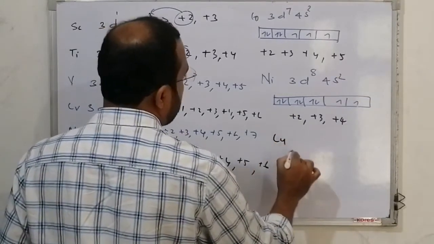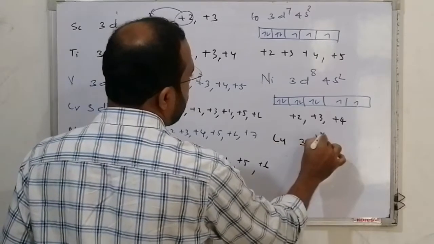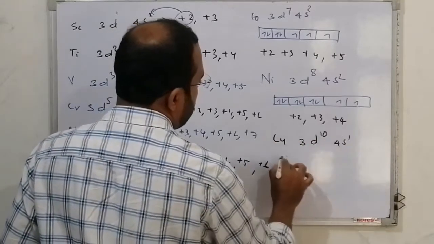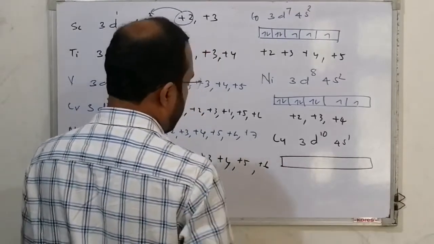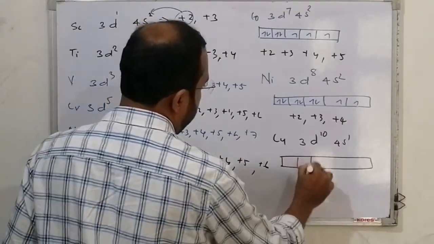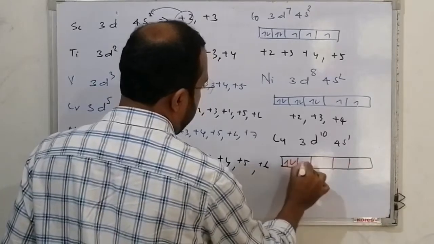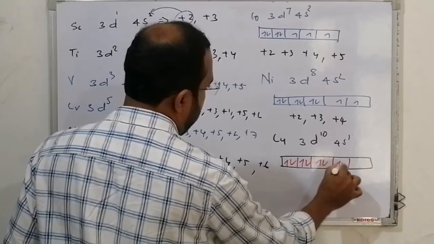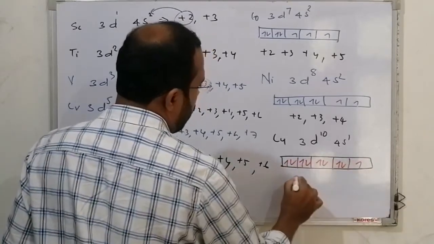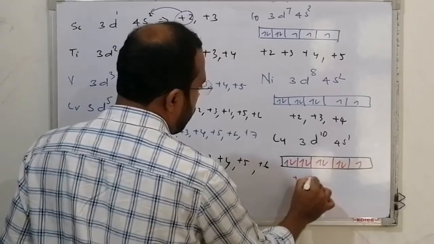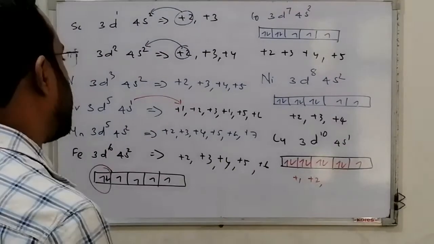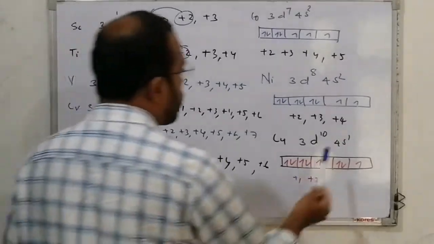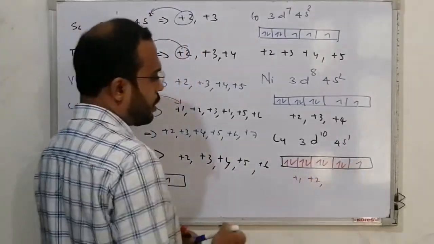Now copper, 3d10 4s1. Here you have +1, +2. These are the two oxidation states. Copper shows +1 because of this one, +2 because of this one.